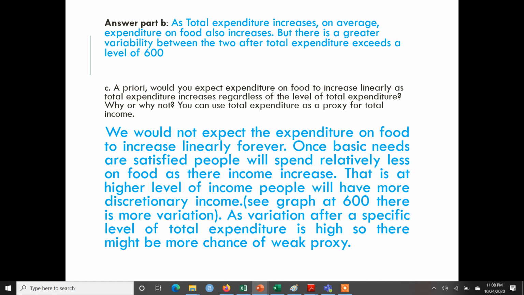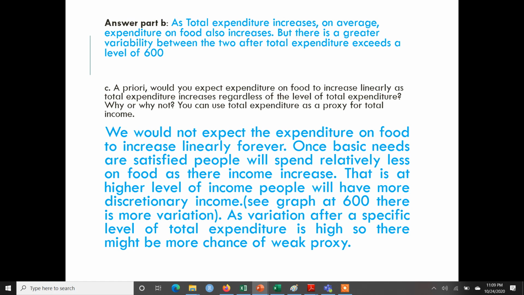weak proxy. In other words, if we just keep these things simple, it says that before a particular threshold level of income, we would expect that an increase in income or total expenditure will be accompanied by an increase in expenditure on food.